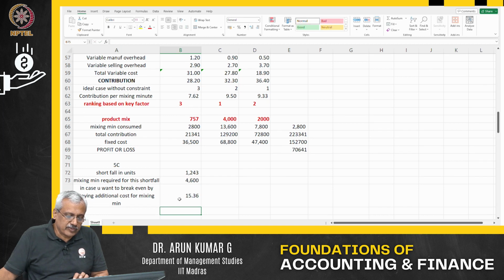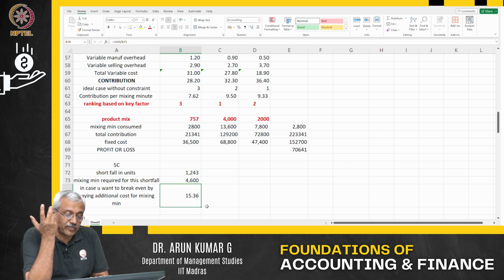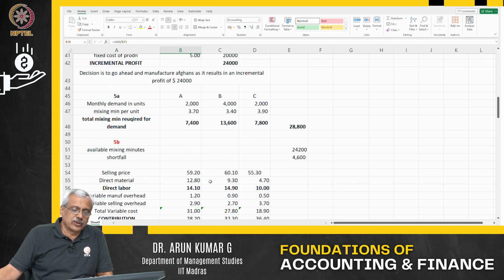I can pay up to about 15.36 in this case. That is all I can pay. If I increase the cost by about 15.36, I can basically break even. Anyway, that part you can ignore. Thank you.